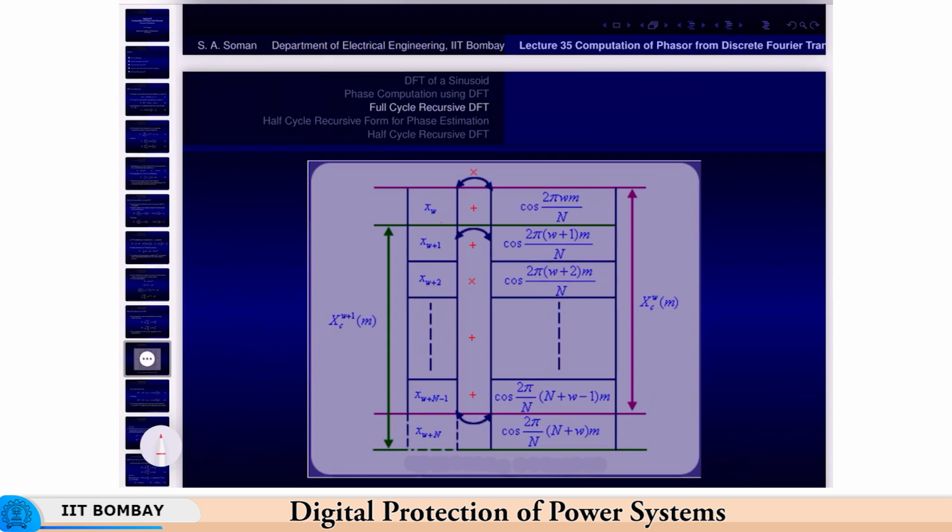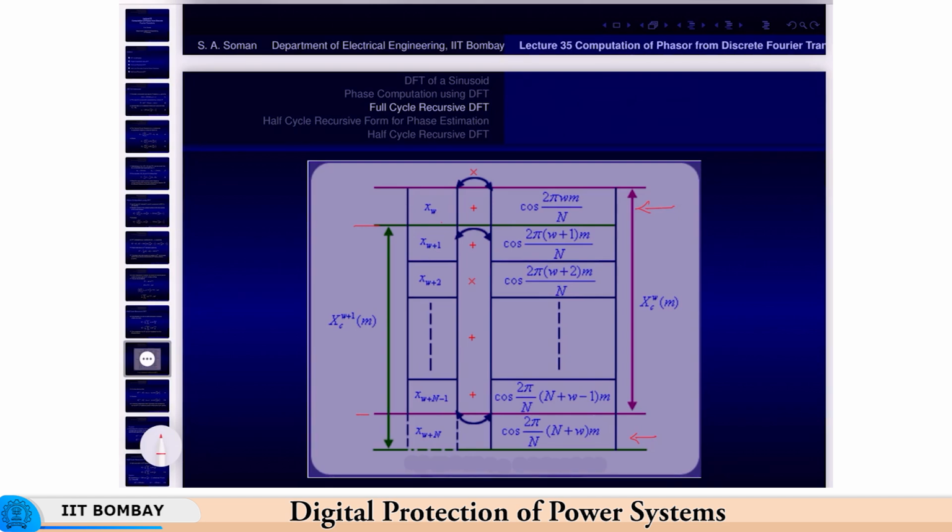So, the rest of the part between this and this is common. So, the difference is what we have to do: we have to add this term and subtract this term. So, we will get Xc of W plus 1, provided of course we have Xc of W.